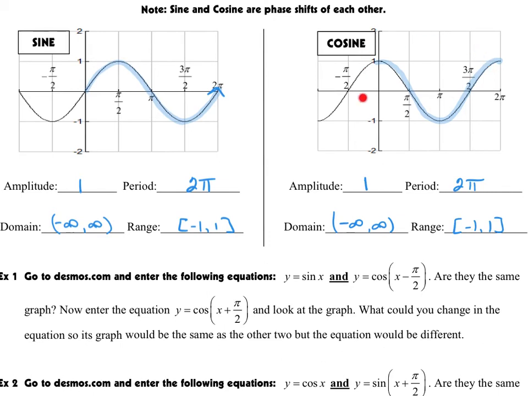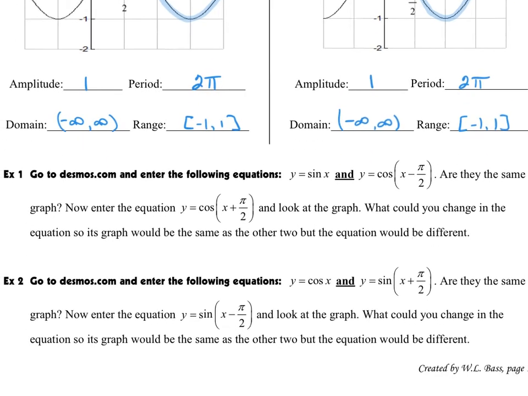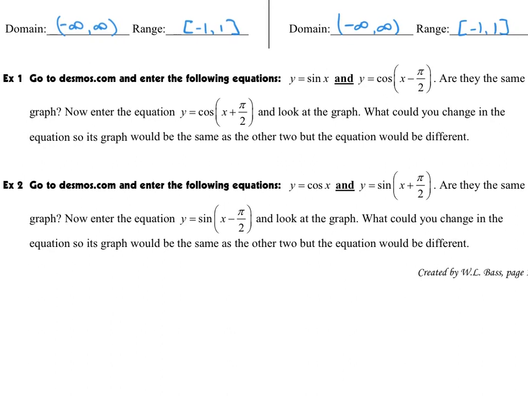So if you could pick up this sine graph and move it left or right, we could orient it so it would look like a cosine graph, or vice versa. So the more you can start to get comfortable with that idea, the better.